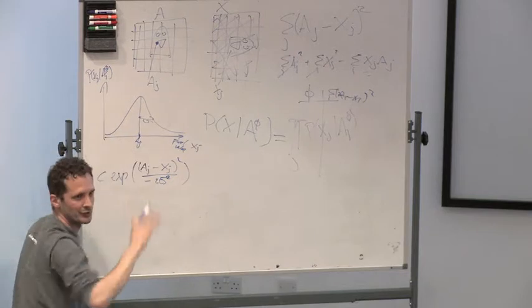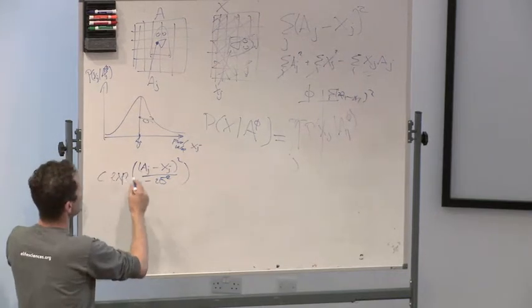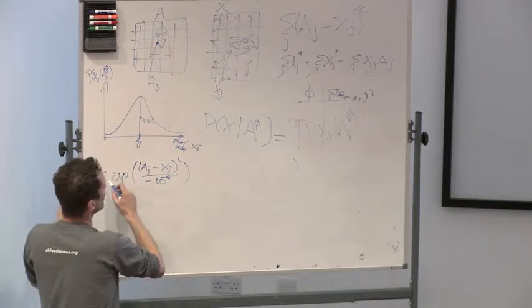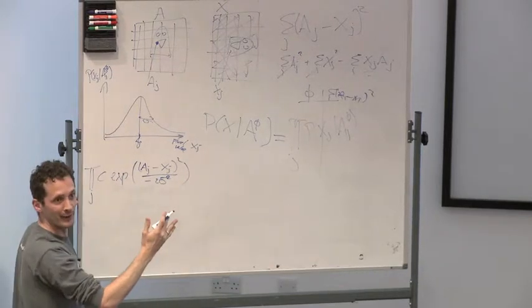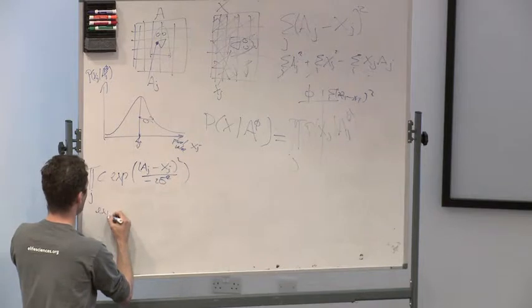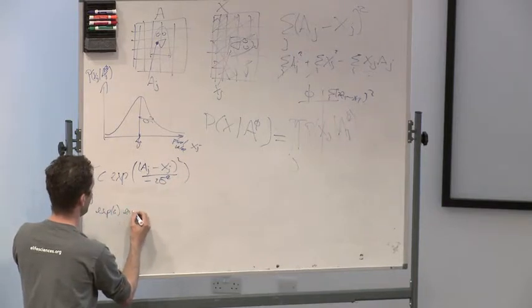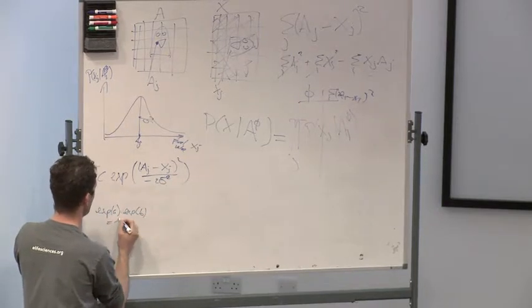There's some constant here which I will ignore, okay? If we do a multiplication over many values j, because all the pixels are independent, then you know that exponent a times exponent b, this you know from your high school.